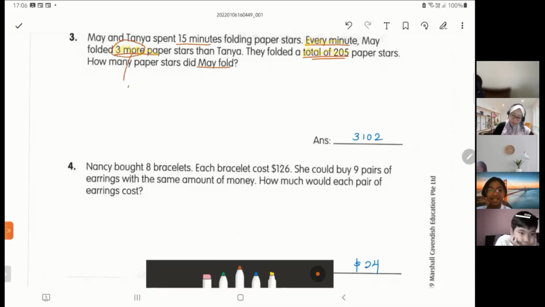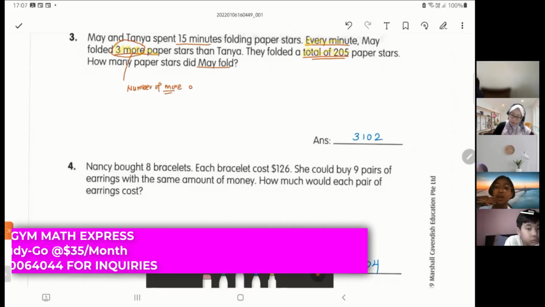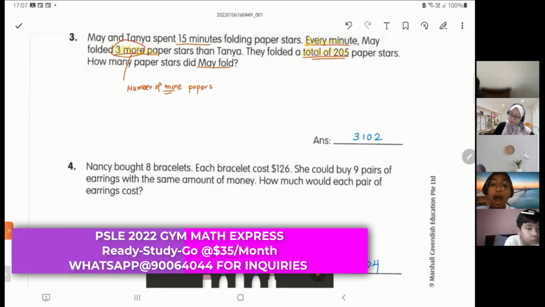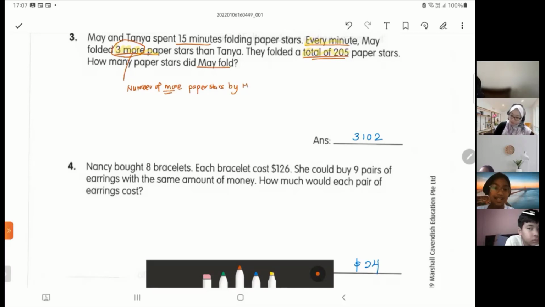Number of more paper stars by May equals 3 times how many minutes in total did they spend folding? 15 minutes, right? Equals 45. Now, let's find the number of stars folded by May in total.